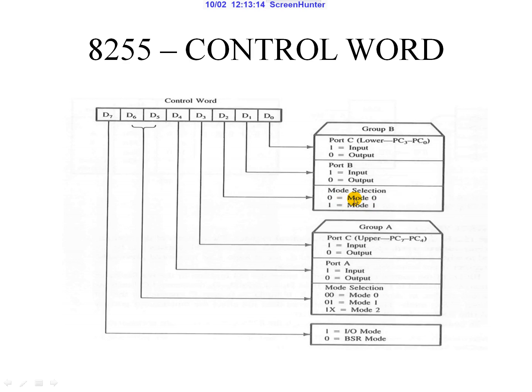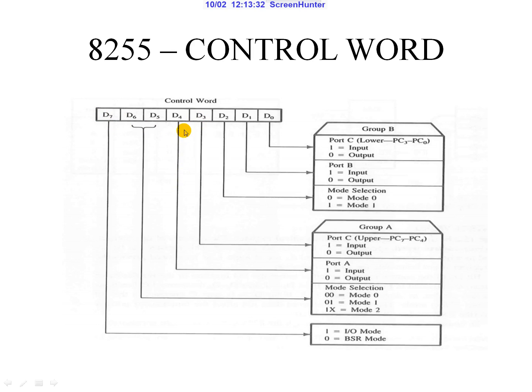So if you are going to use the modes of operation, they can be programmed by this particular control word. In this word, in D2, you can select either mode 0 or mode 1.